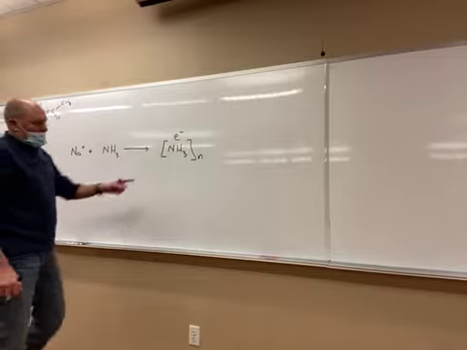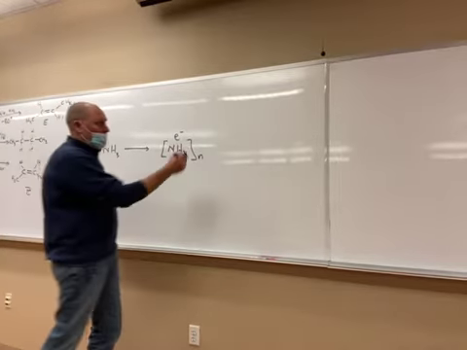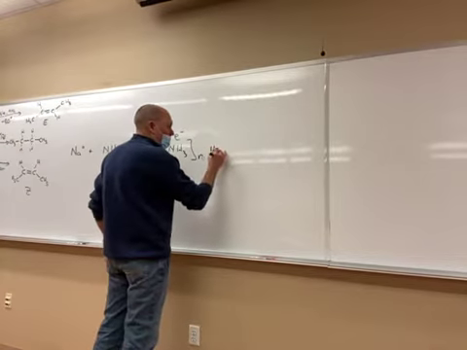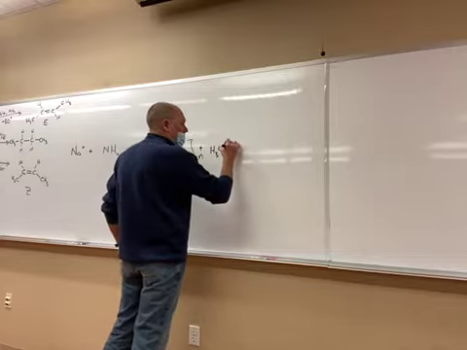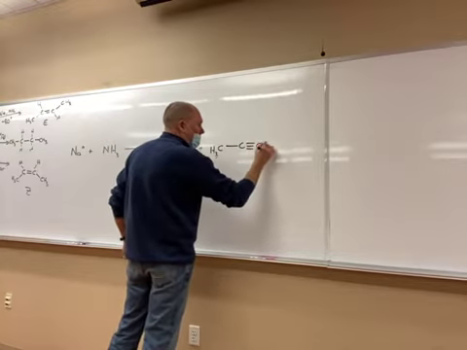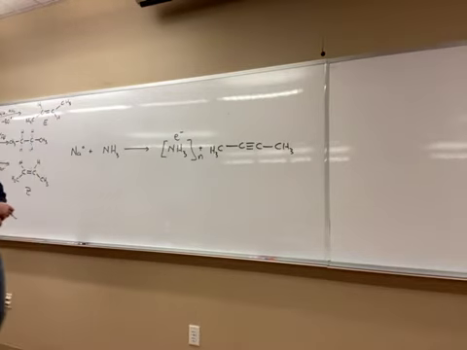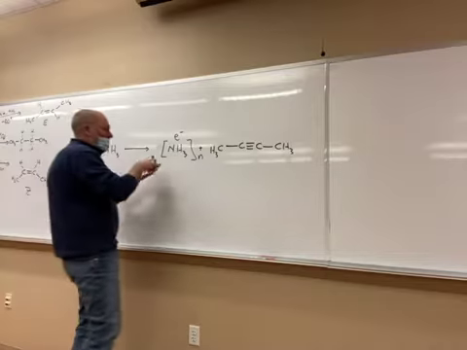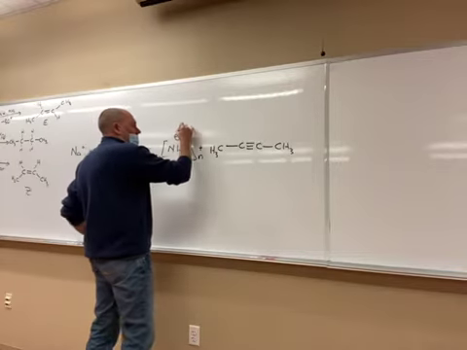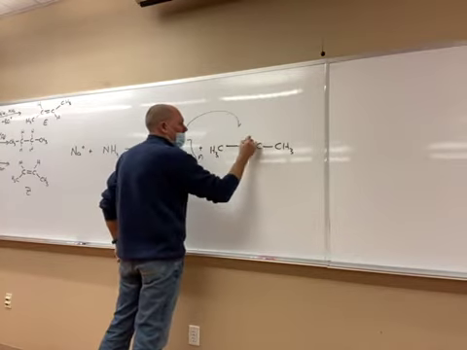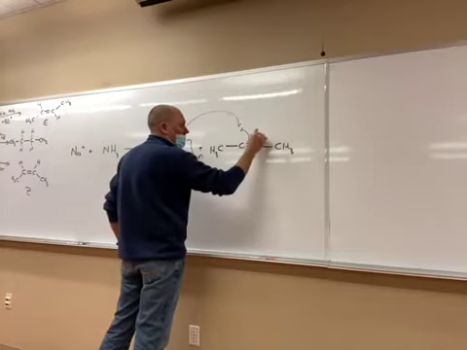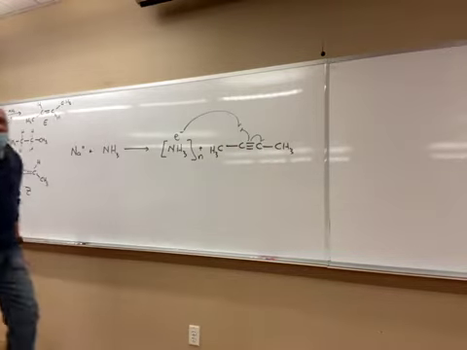When that happens, and you throw in an alkyne, this electron forms with that electron, and that electron goes there.